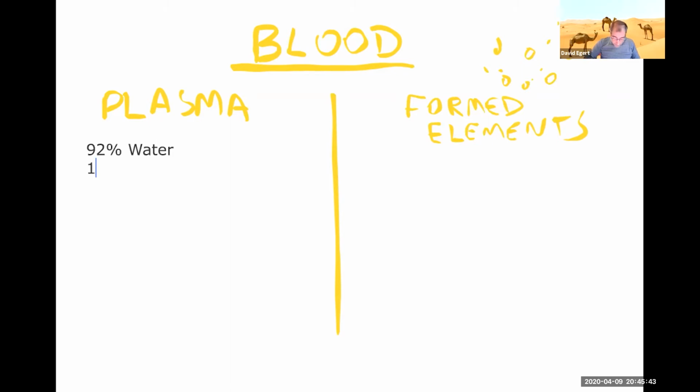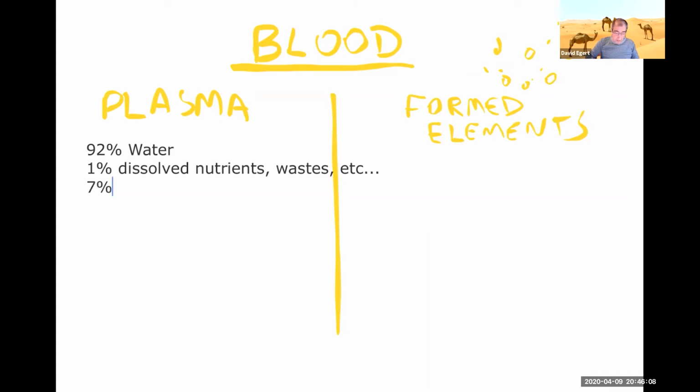So maybe 1% is going to be dissolved nutrients and wastes and hormones and stuff. And then that's going to leave us with 7%.